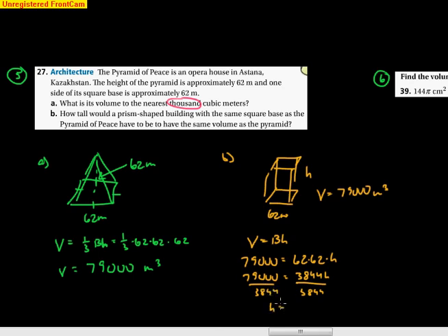And when I do 79,000 divided by 3844, I get a height of, and I'll round to one decimal, 20.6. And that would be in meters. Okay. So this is like a two-step problem, right? It's like find the height of a prism with the same base as a pyramid that has this volume. So you had to find the volume of the pyramid to carry it over to the prism and then find the height. So again, just kind of an interesting problem, not so straightforward.